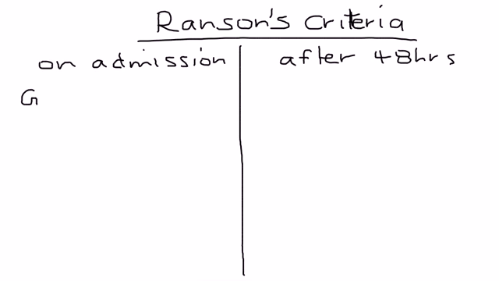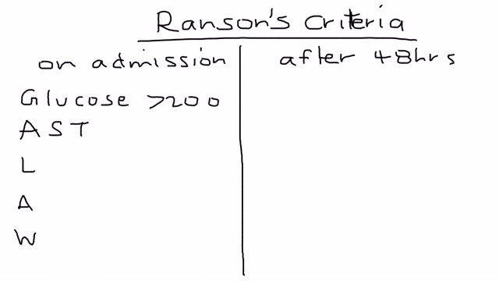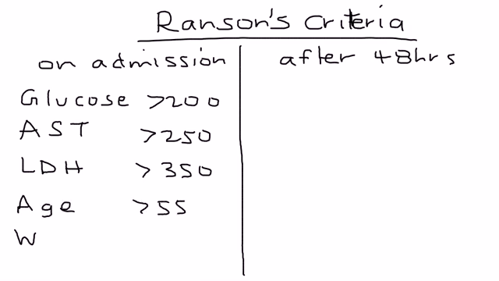So the mnemonic I use to remember this is GA LAW. G is for glucose greater than 200, A is for AST greater than 250, L is for LDH greater than 350, the second A is for age greater than 55, and then W is for WBC, which is greater than 16,000.